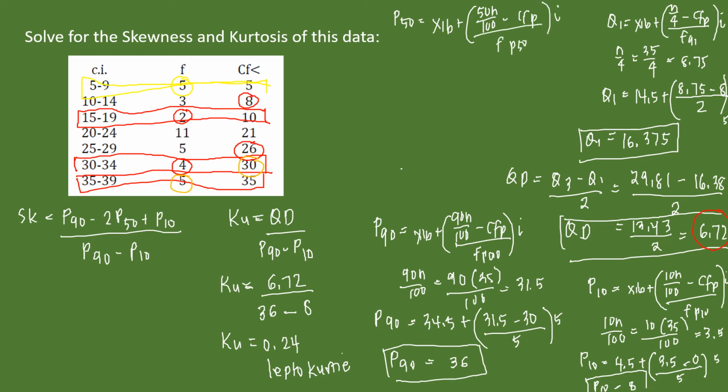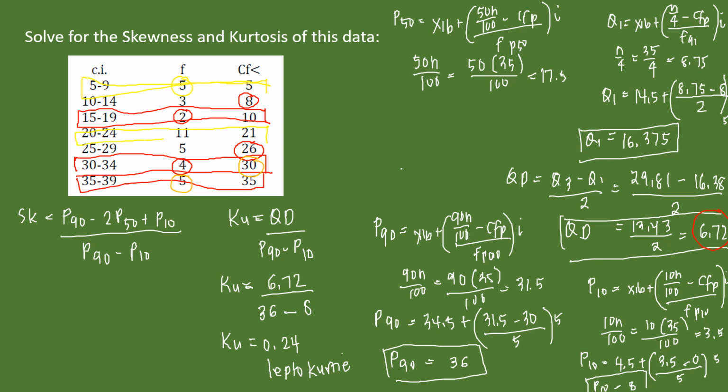times I. So solving for the locator, 50n over 100, this is 50 times 35 over 100, and that will give you 17.5. So let us locate 17.5. So we can see it here in 21.